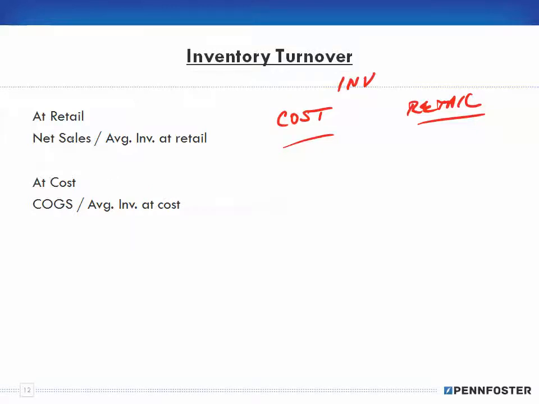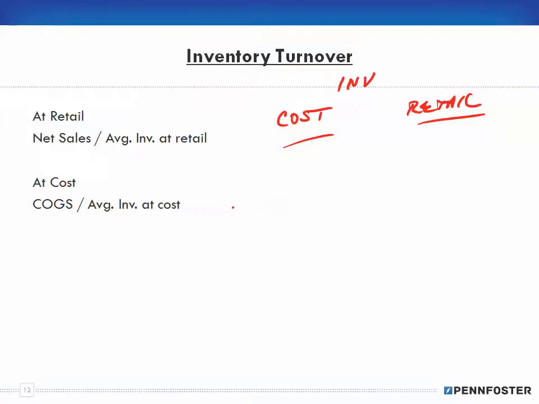And it's relatively simple. You have net sales, your cost of goods sold, and then you have either the average inventory at retail or average inventory at cost.